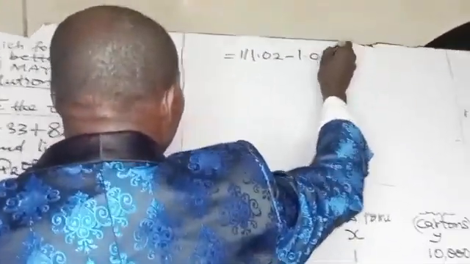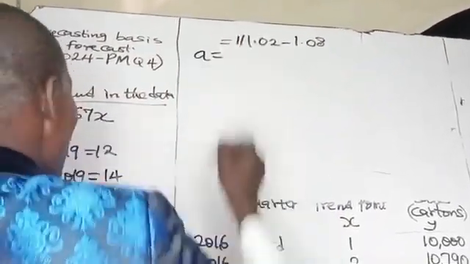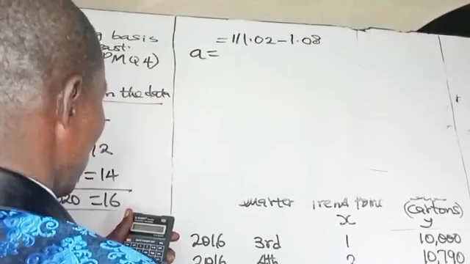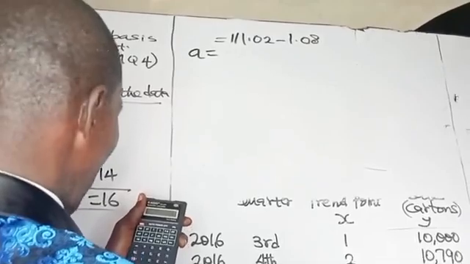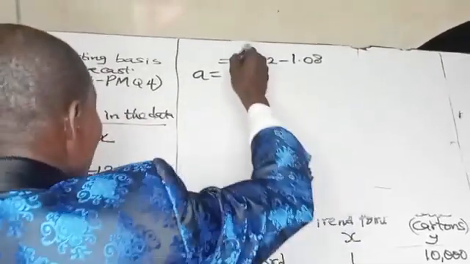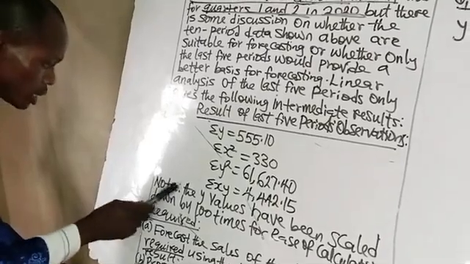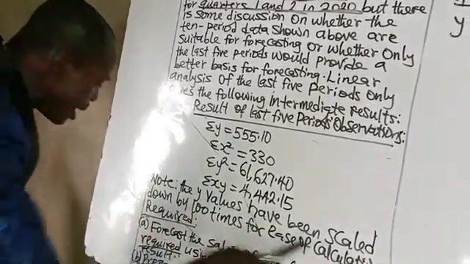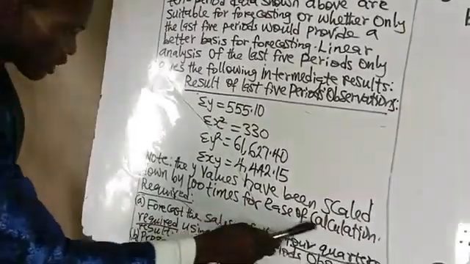We have 1.08. If you subtract that from 111.02, you'll be left with A equals 109.94. Note, the Y values have been scaled down by 100 times for ease of calculation.